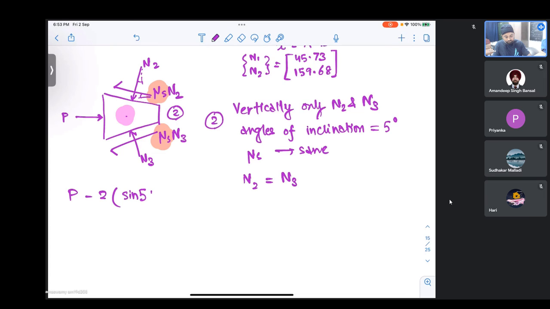Let me take N2 also common, minus 2 N2, because N2 we know, let us express N3 also as N2. It will be sine phi. It is in this direction, and the cos component is also in that same direction, which is opposing P. Phi is equal to 0 is what we get here.